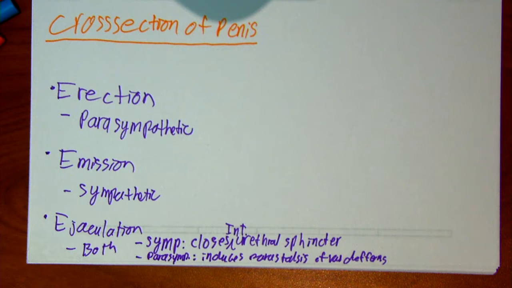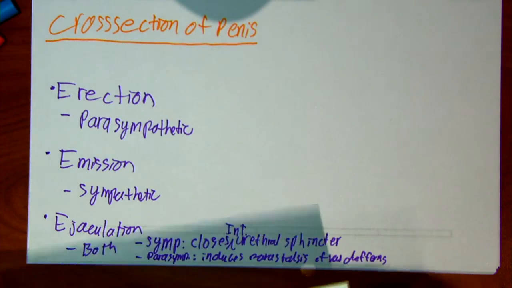All right, so can you guys tell me what other pictures you will see from chapter 5 on your exam? We already looked at the cross-section of the penis. I can tell you guys that one you might see, the external genitalia of the female.